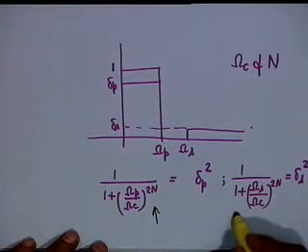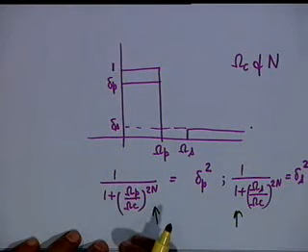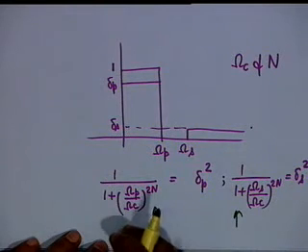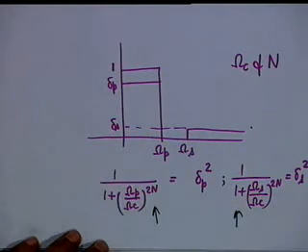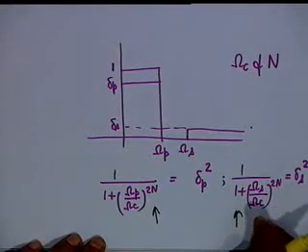These are the two equations for determining omega c. Which one should we use? The first one, because the passband is sacred. I must satisfy the passband tolerance exactly. I can over satisfy the stop band tolerance.